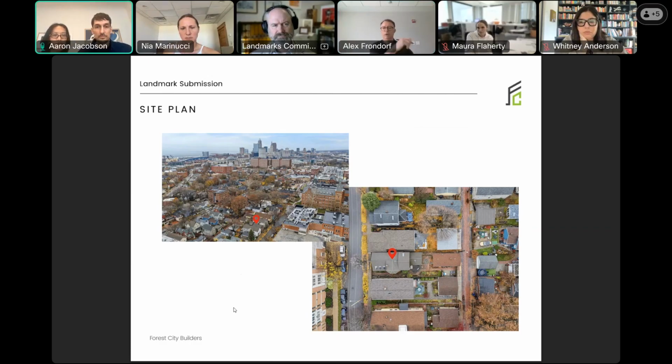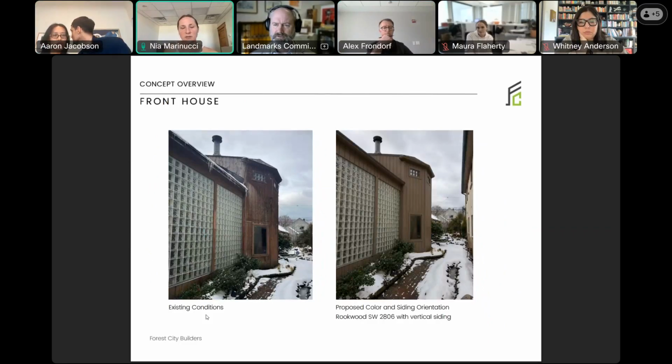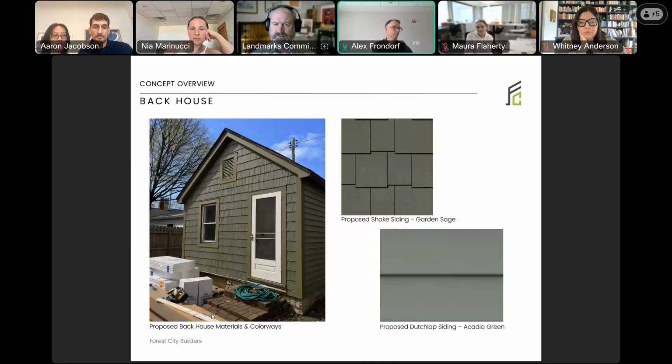You could use a Hardy product, or the LP siding, just lightly on the back. Even though this is a back access road and not a public throughway? Yes, because our alleys deserve love too. They're not without historic protection.